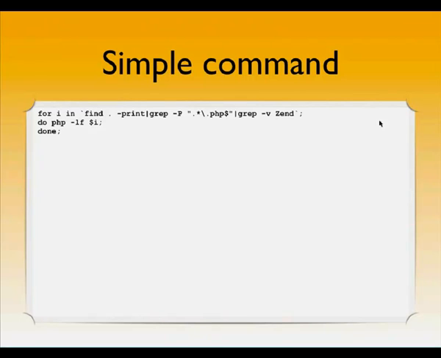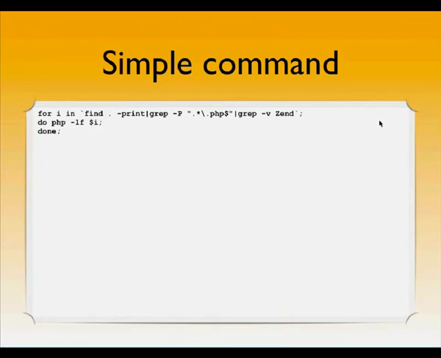This is what I use to browse over my directories, but you have to look at php -l and the file name, and it will actually check that file for syntax errors.